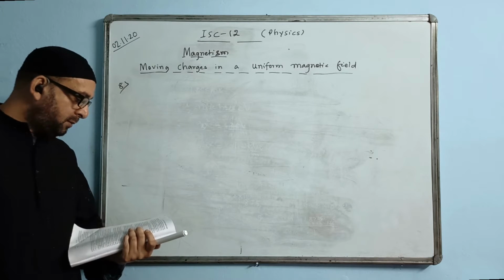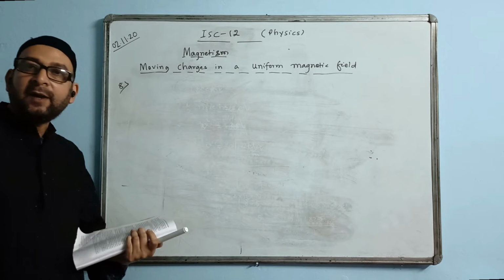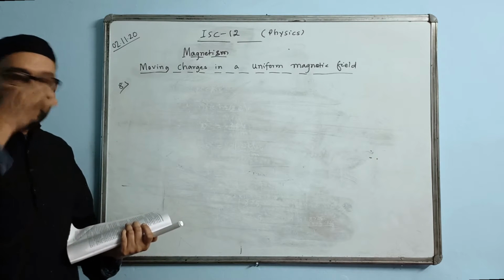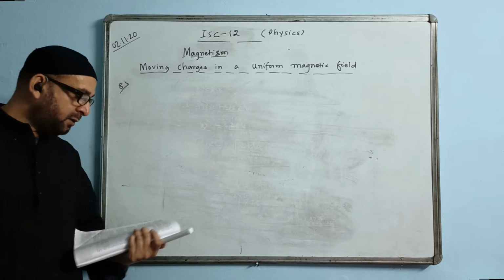Find number 1, its velocity, and number 2, its radius.